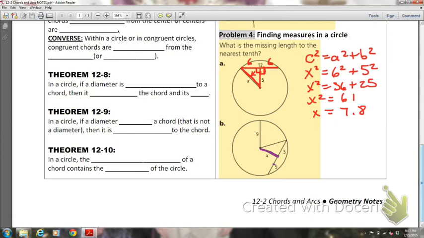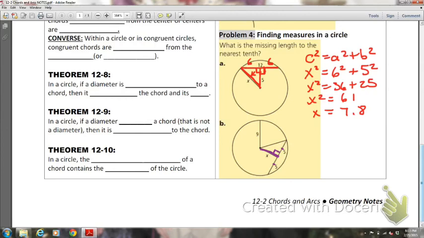And you know that it has bisected that chord because the lengths are 5 and 5. That tells you it has to be perpendicular. This one of our theorems over on the left says if a diameter bisects a chord, then it's perpendicular to the chord. So we know that that is a right angle. We know that we have a right triangle.